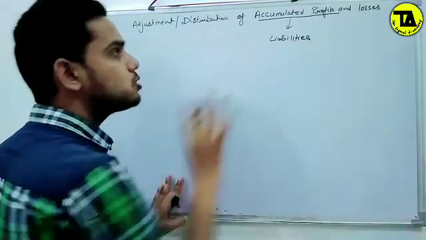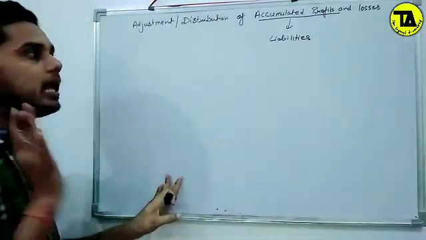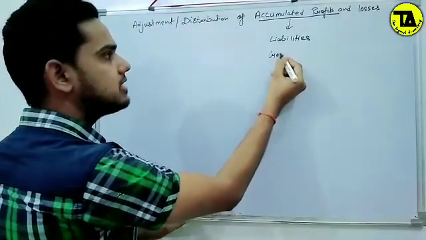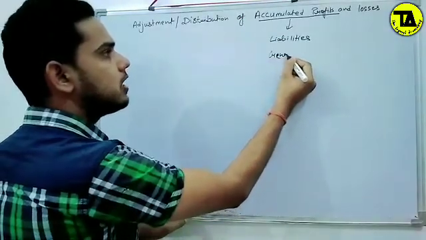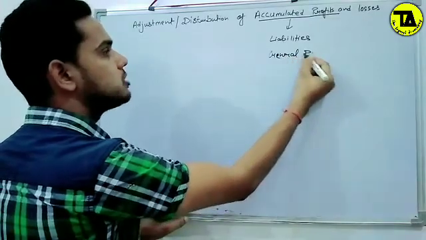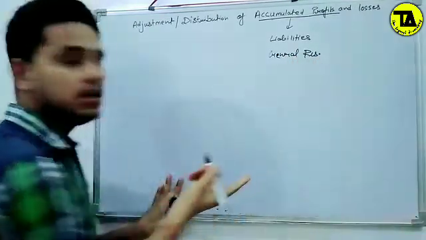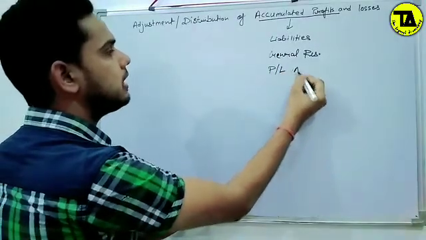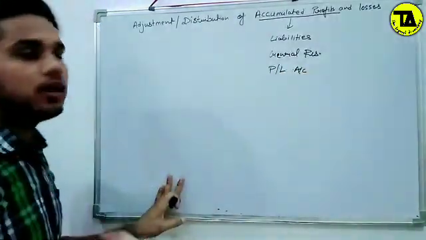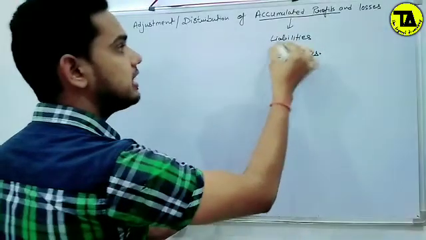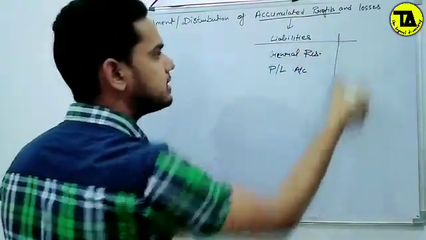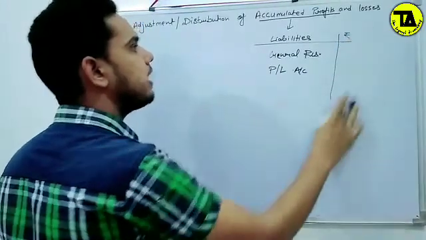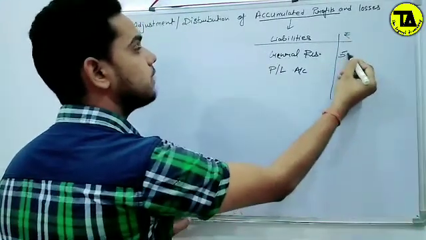Okay, if you see in the balance sheet on the liability side that we are having general reserve, right? Or it is written on the liability side as profit and loss account, right? So for example, on the liability side general reserve and the amount is written as, let's suppose, 5,000.